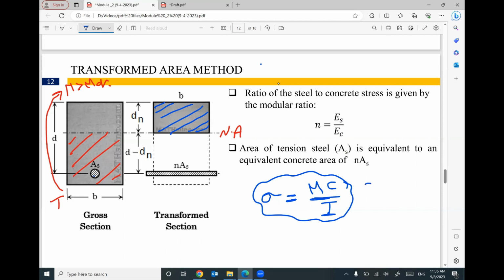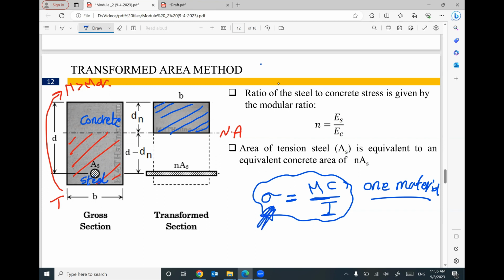Your cross section must be one material. What do I mean? Right now we have concrete at the top and steel rebars at the bottom, so they are two materials, concrete and steel. We cannot use this expression since we have two materials.